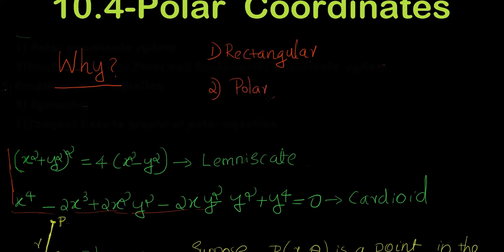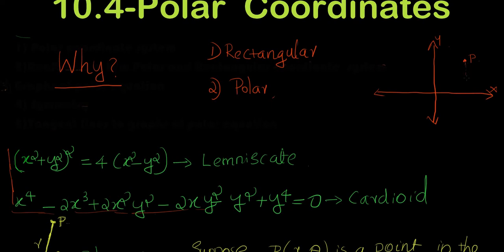What was this rectangular coordinate system? Suppose this is an xy axis. This is x and this is y, right? How do you represent a point P in a plane using the rectangular coordinate system?